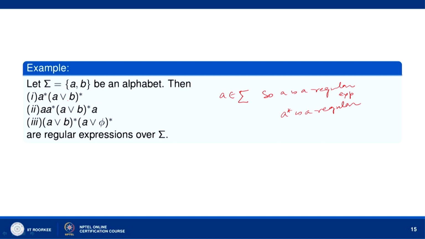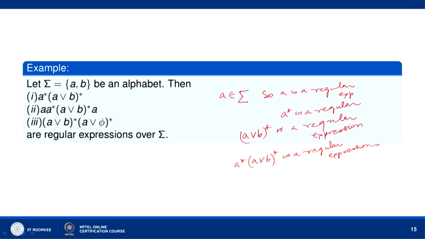Now, a or b is a regular expression, so (a or b) star is also a regular expression. Then a star (a or b) star is also a regular expression by the properties of regular expressions.